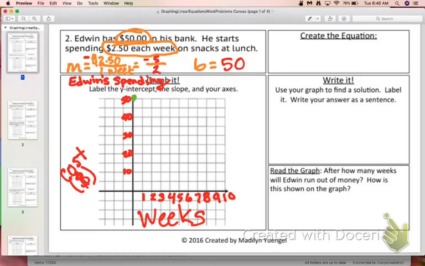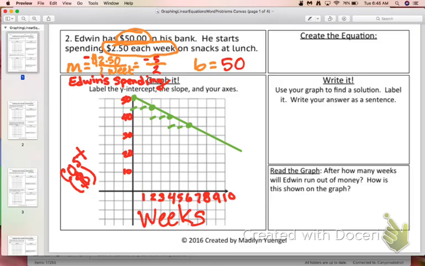So I get to go down 1 over 2, down 1 over 2. So there's where my line's going to go. And we can kind of see the pattern. There we go. There's my line.